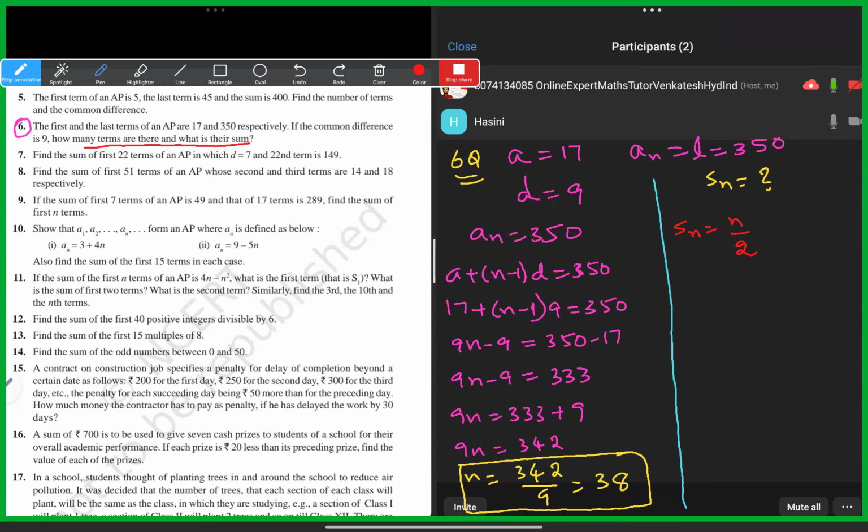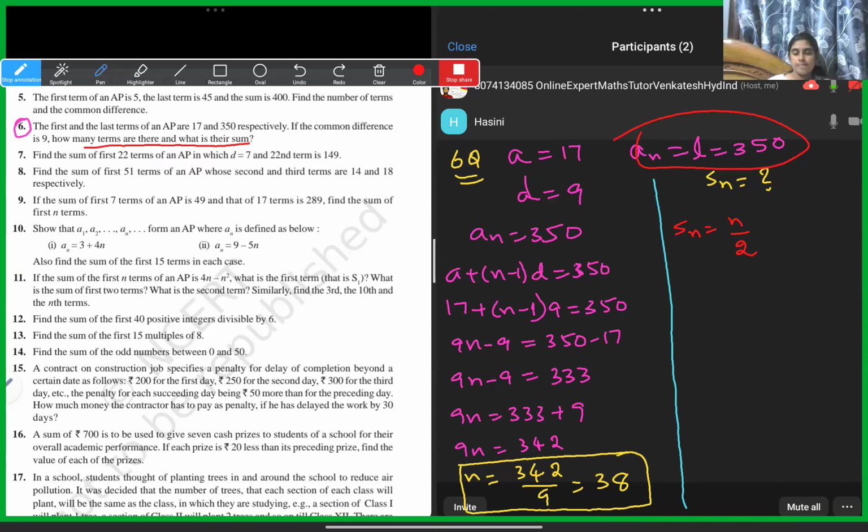The second formula also we can use, because n is 38, Hasni, and an is given as 350. Using an formula only we got the 38. So An means A38 is 350 directly now.